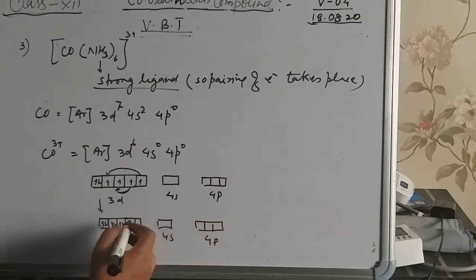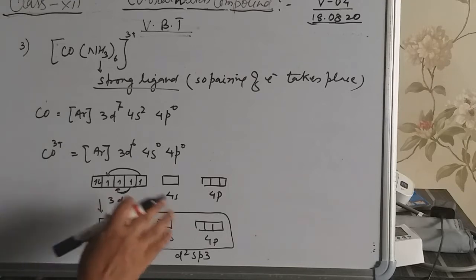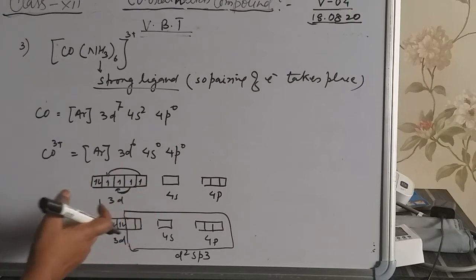So the hybridization will be d2sp3. All the information: there is no unpaired electron, so spin multiplicity will be 1, and the magnetic moment will be 0 because all the electrons are paired up.